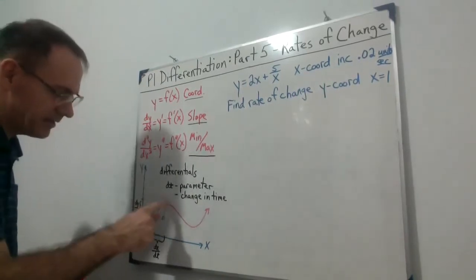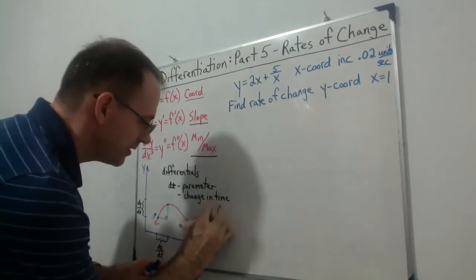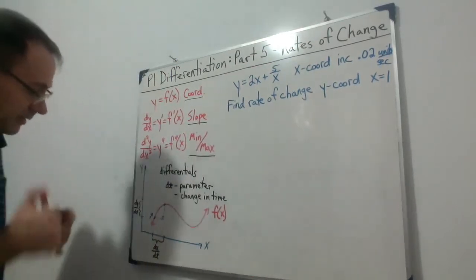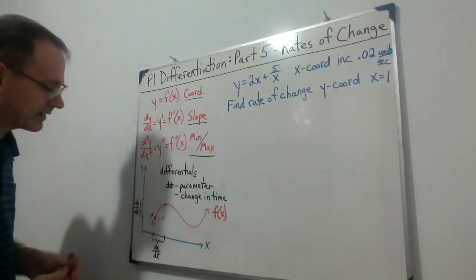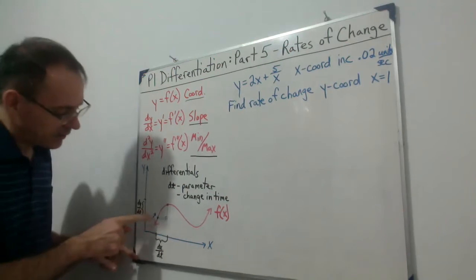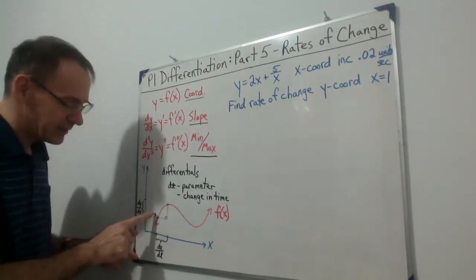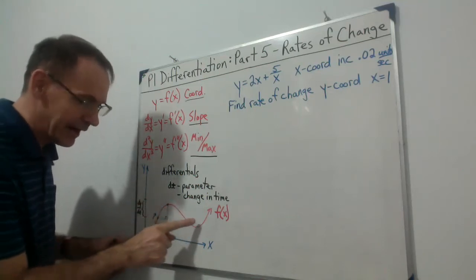And so again, this red curve represents our function of x. We still have x and y axes. Here we have a point on the curve, and this point is going to be moving along the graph.